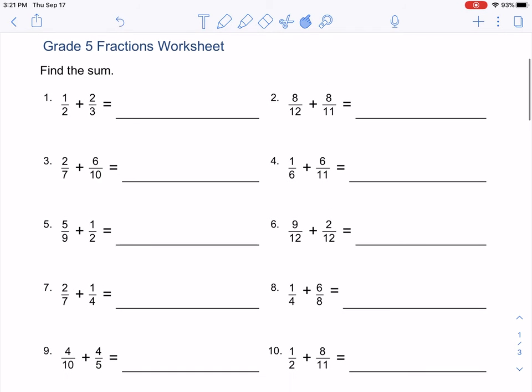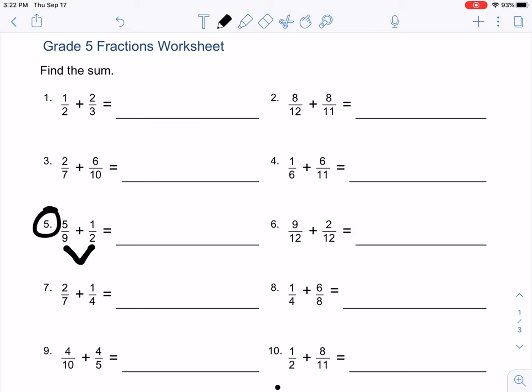All right, so we've got 5/9 plus 1/2 equals, and we're going to figure that out. What we need is the lowest common denominator, the least common denominator of 9 and 2. You can do this the way you learned least common multiples, with prime factorization.